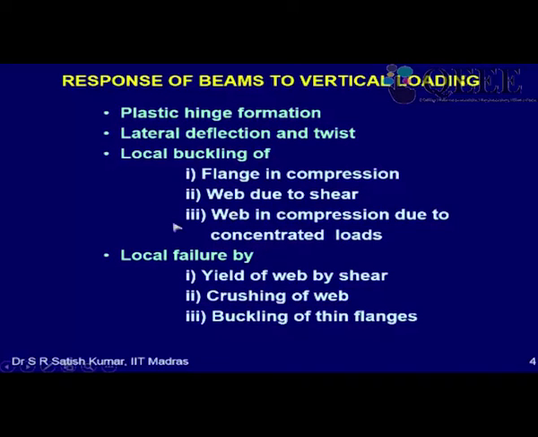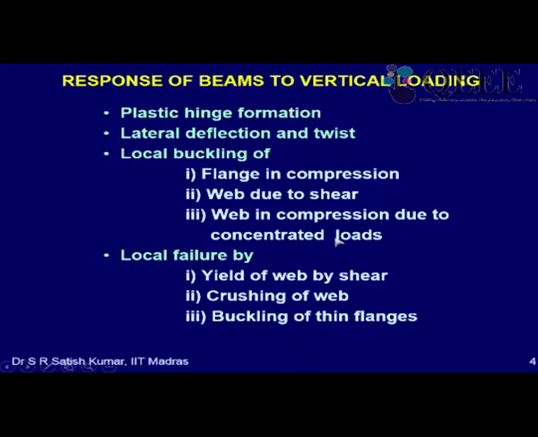What we are going to look at in this are only a few of them. Of course, we are not going to look at lateral torsional buckling; this will be done under laterally unsupported beams. We are going to look at plastic hinge formation. We are going to look at local buckling of flange, web, etc. The web buckling due to shear we are not going to look at.